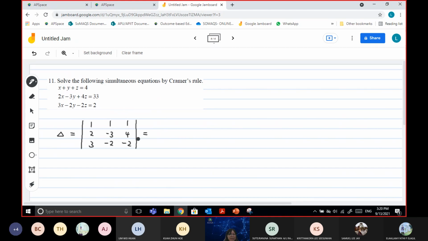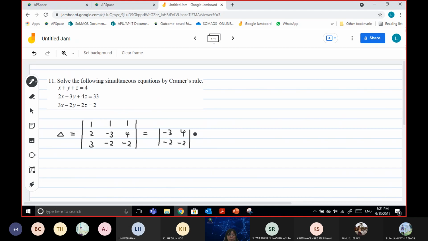Before you proceed to others, this one is also made easy for you, because if you use the first row, all the values are 1. So I proceed to find the determinant by blocking the first row, first column. So I have -3, -2, 4, and -2.